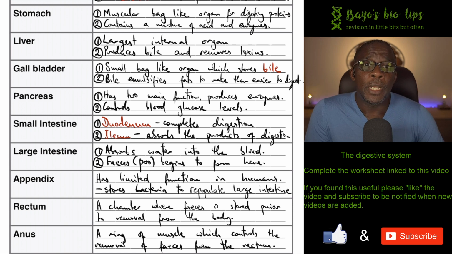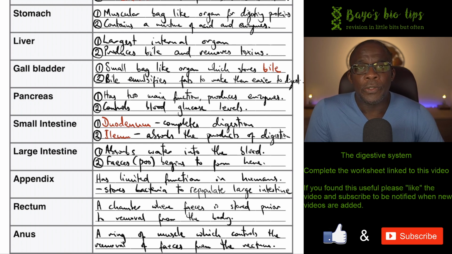So instead, it's stored there until an opportune time comes along where we can get rid of it or evacuate it from the body. Of course, if you keep the feces in there for too long, you'll end up with an automatic response, a reflex that causes you to evacuate it anyway.